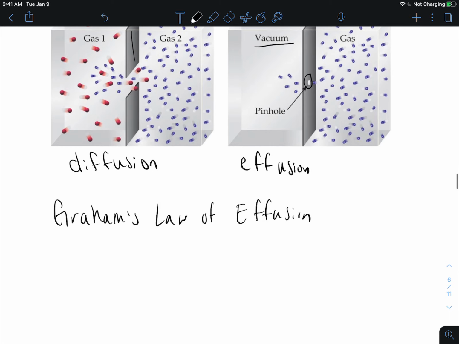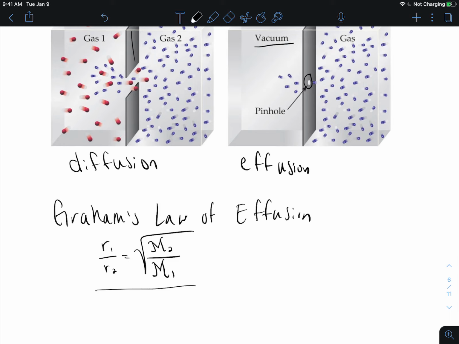So our rate of effusion is proportional to the square root of the inverse of our molar mass. And we could solve for it using this equation here, where you can look at different rates versus molar masses, and you can see that they have an inverse relationship.